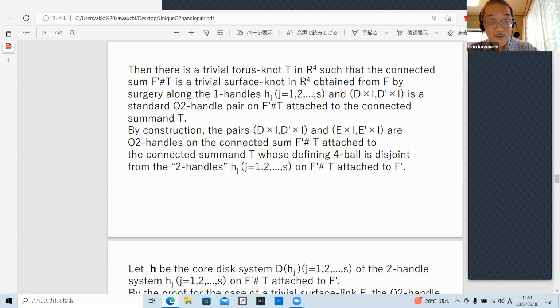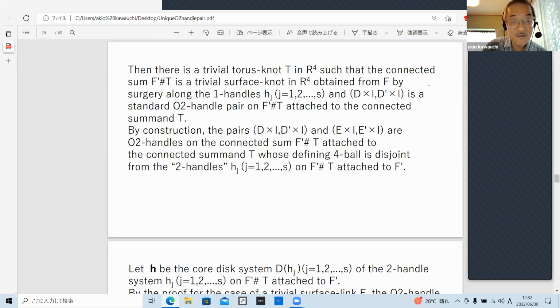The connect sum has a defining four ball about the connect sum and T, surrounding it.